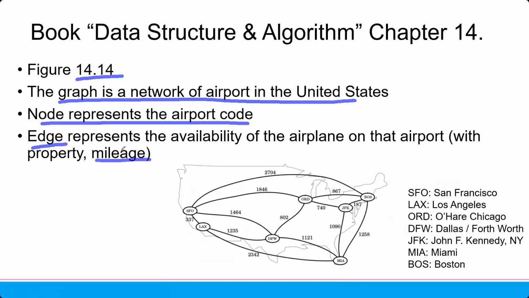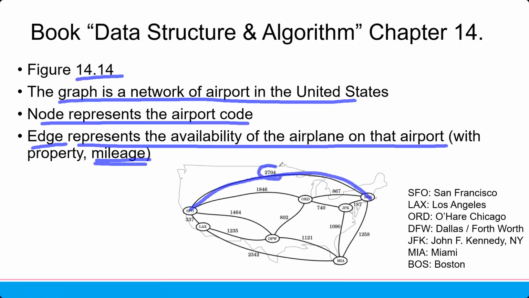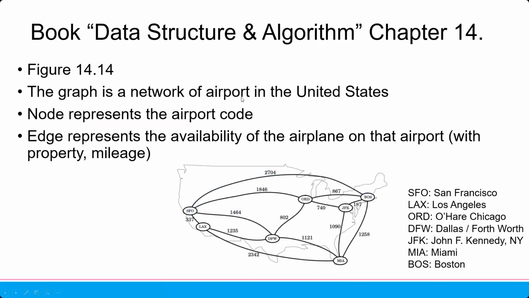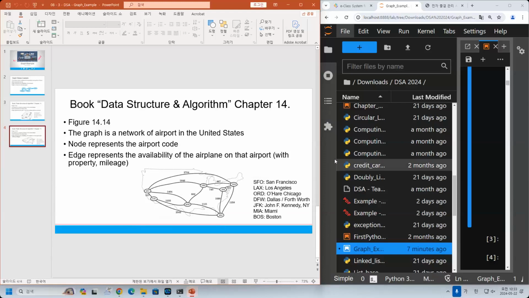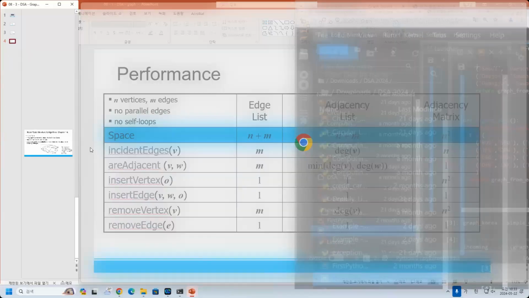So X represents the availability of a flight between airports, with the property mileage. For example, if we go from San Francisco to Boston, then the mileage will be the value shown, and so on. So we can use this data, and let's look at the code.